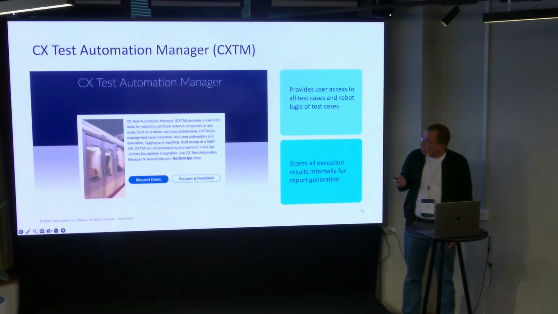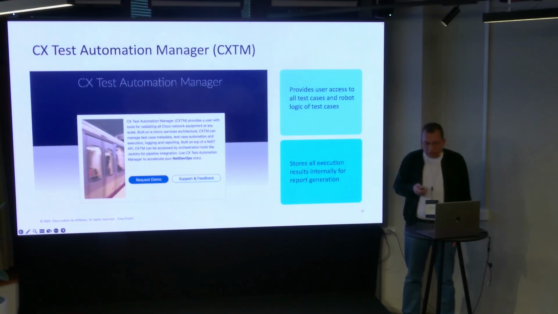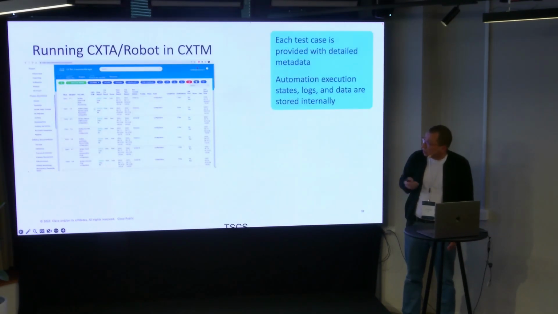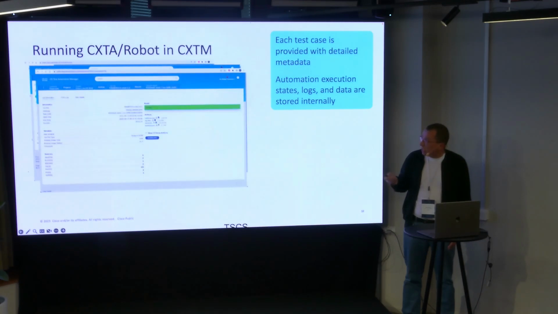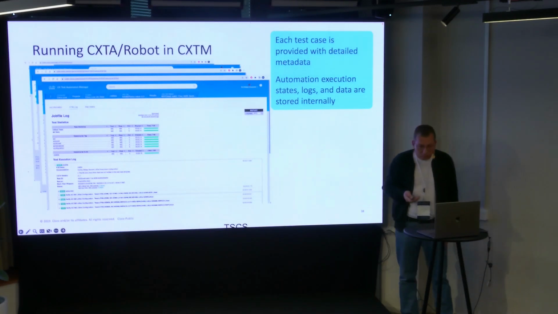On top of it, and not only covering CXTA, we have CX Test Manager, which helps us to gather all the data and trigger those tests, and as you can see, you can have the list of all the test metadata. You can see when it was run and what the result of each test was, and later on, if you drill down, you can get again the same Robot reports.